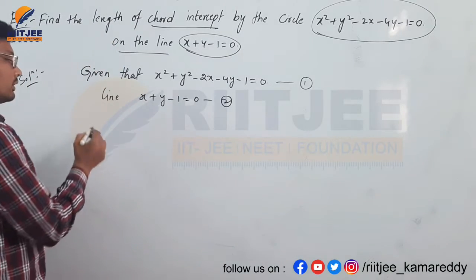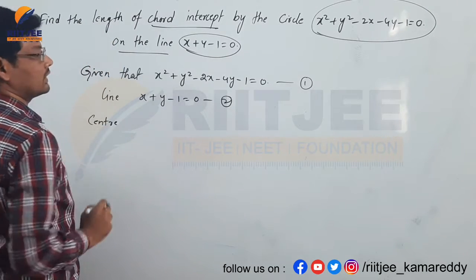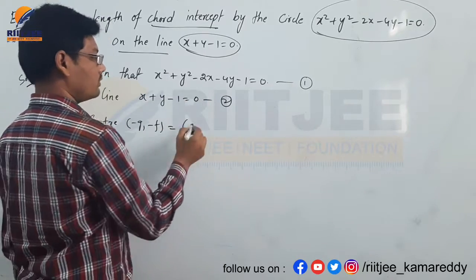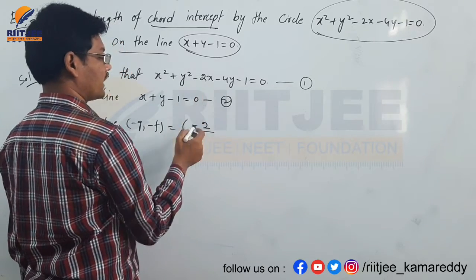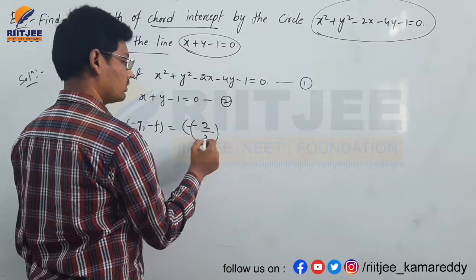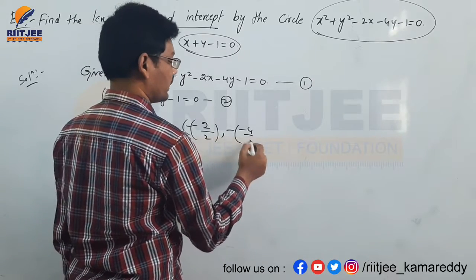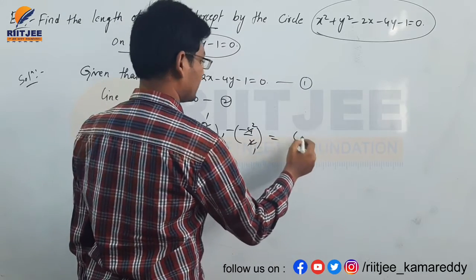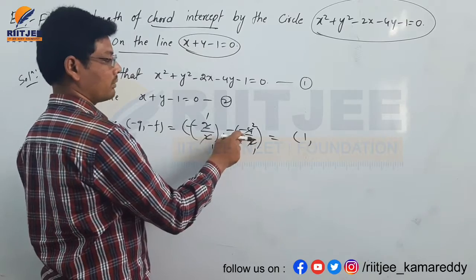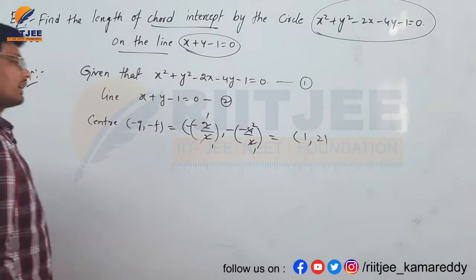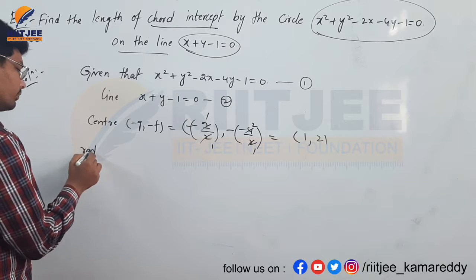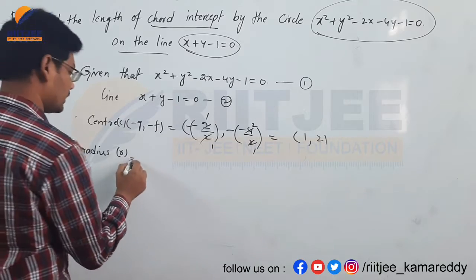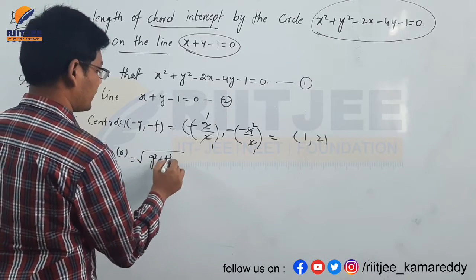From these two, the center is minus g comma minus f, that is minus of minus 2 by 2, which gives 1, and minus of minus 4 by 2, that is 2. The center is 1 comma 2, and the radius r is equal to square root of g square plus f square minus c.